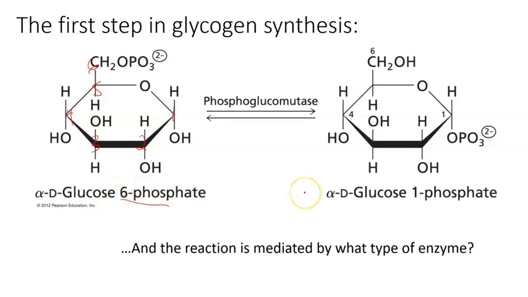We're going to do the phosphoglucomutase, where we take the phosphate off the 6 and transfer it over to the 1. So we change it to 1-phosphate. We're not changing the number of phosphate groups or adding or subtracting anything. We're just moving things. So this is going to be a transferase or an isomerase type of reaction.